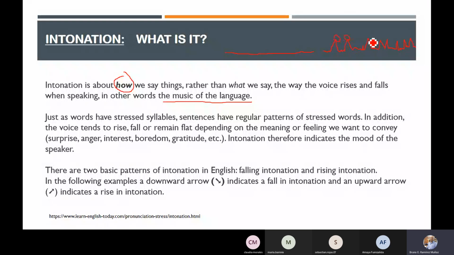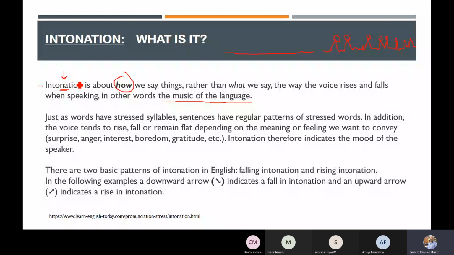There are certain elements when we speak that are more prominent, and that's at a sentence level, because before we were talking about word stress, or lexical stress, where some syllables were more prominent. For example, in the word intonation, the third syllable does not have the same value as the other syllables; it's the most prominent of all four syllables.